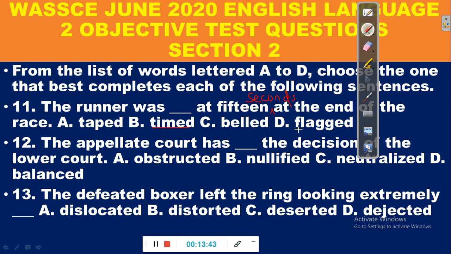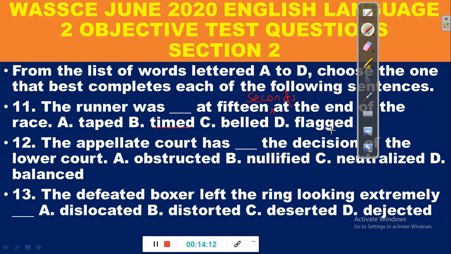Then the next one, option D, is flagged, and the word flagged has certain meanings, like signaling someone to stop, as if you are using a flag. The appropriate phrase is to flag down. You can flag down a train or a taxi.